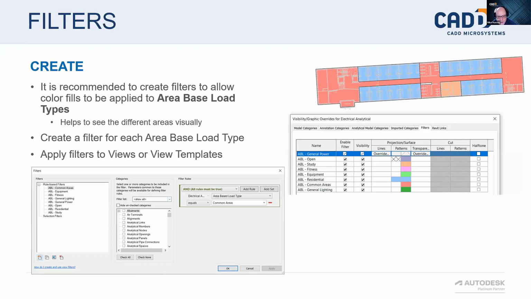So if you have a common area load and an equipment area load, create a filter for each one of those. And then we can apply those filters to our view templates or our views and assign colors to those so that we can graphically tell in our plans which areas are where in there. Otherwise, they're all going to look the same.